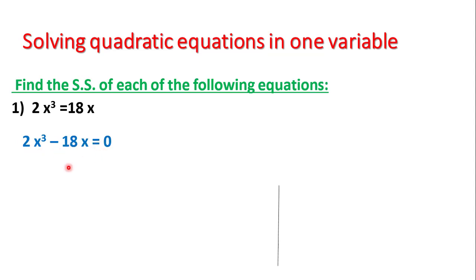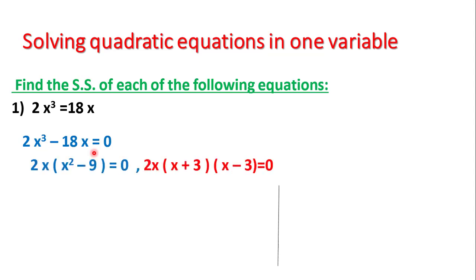It's arranged, but we have a highest common factor here. We can take 2x because 2 and 18 are even numbers. Here we have x power 3 and x, so I'll take the lower power, so 2x is a common factor. 2x times x power 2 minus 9 equals 0.